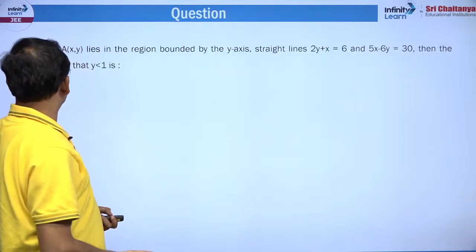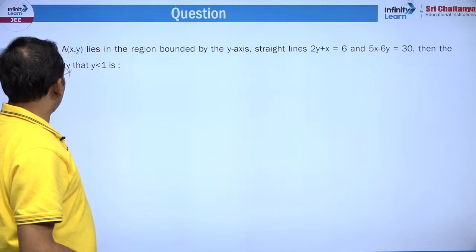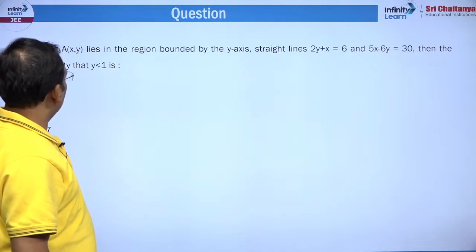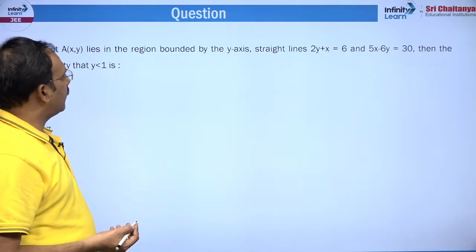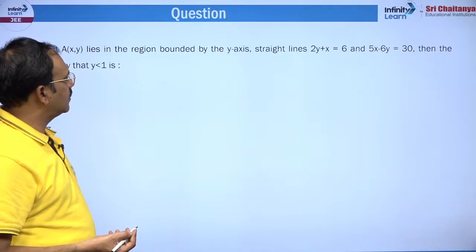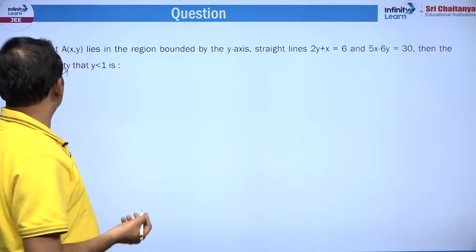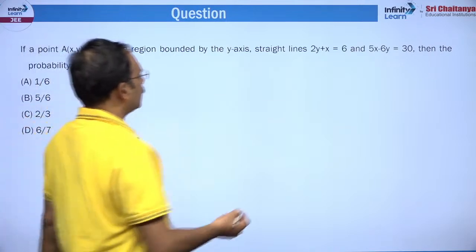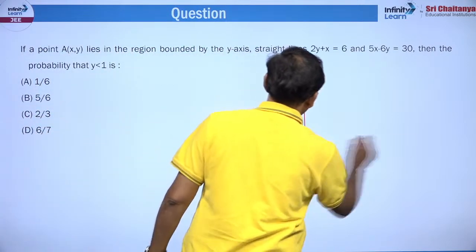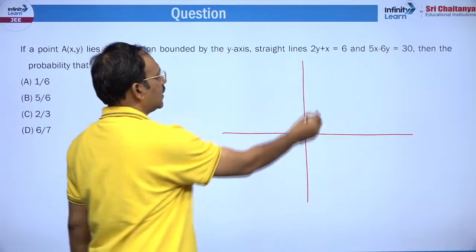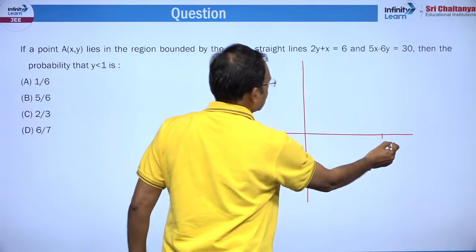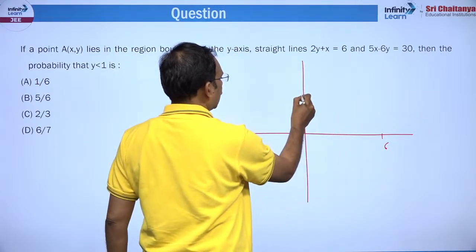Next my dear friends, the point AXY lies in the region bounded by the y axis and straight lines, then the probability that y is less than 1. You see my dear friends, suppose these are the coordinate axes, this is a line whose x intercept is 6, y intercept is 3, okay.